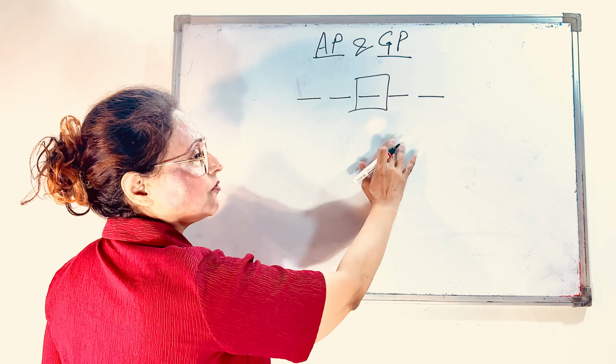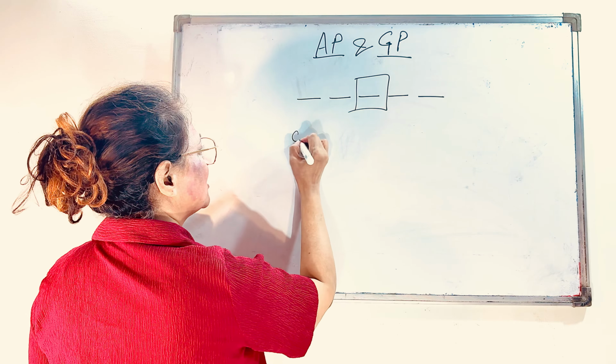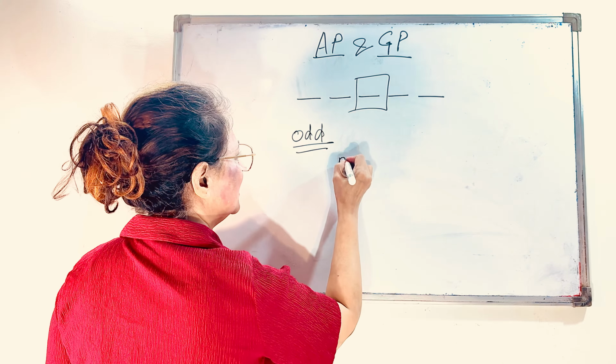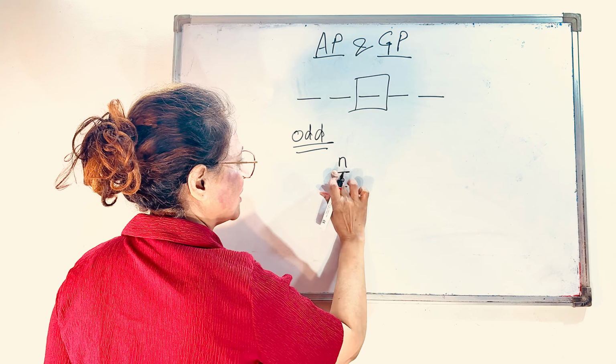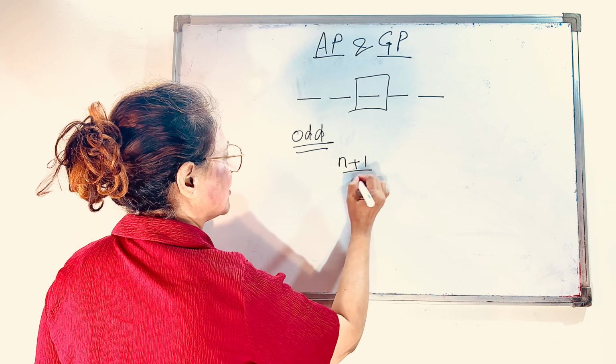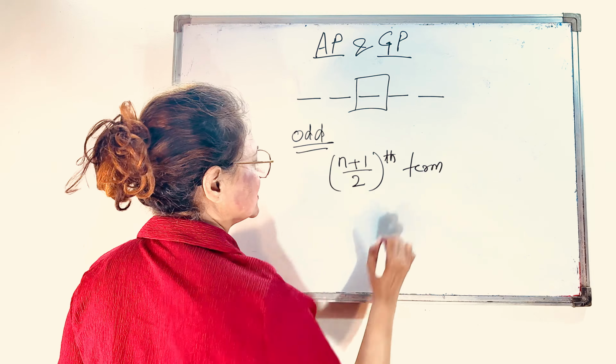How do we get that? 5 plus 1 by 2. So similarly, if there are n terms, an odd number, then the middle term is the n plus 1 by 2th term.